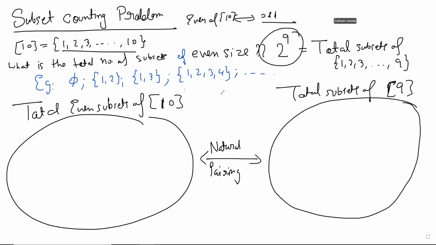But now we have also discovered that the size of these two is 2 to the power 9. Now, maybe on one level just for fun, we want to know if there is a natural pairing here. The natural pairing is not needed if you're just interested in the final answer, but it would be good to see.